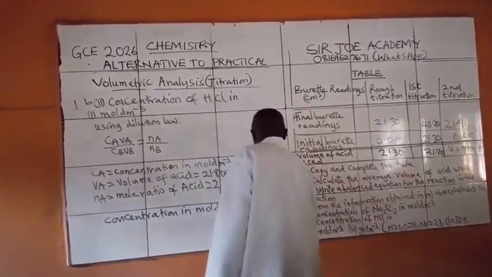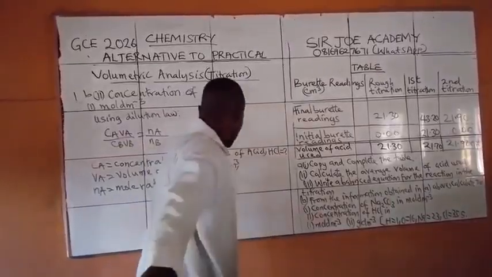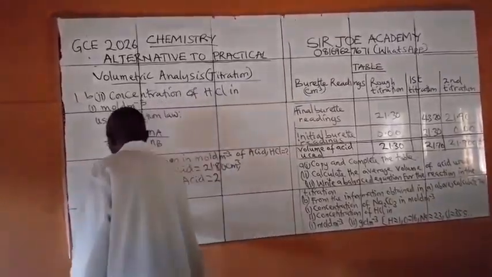From the balanced equation, the mole ratio of acid is equal to 2.